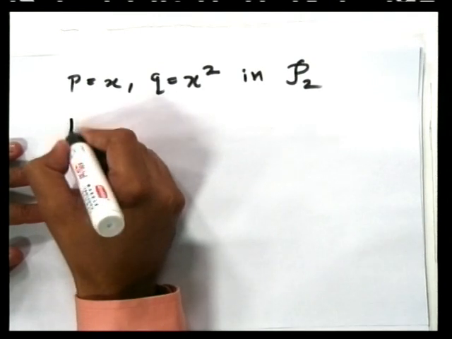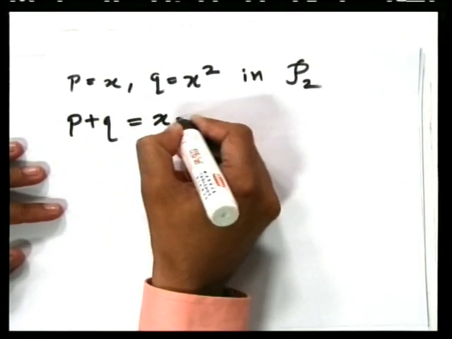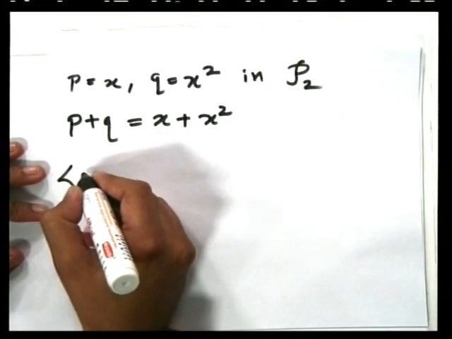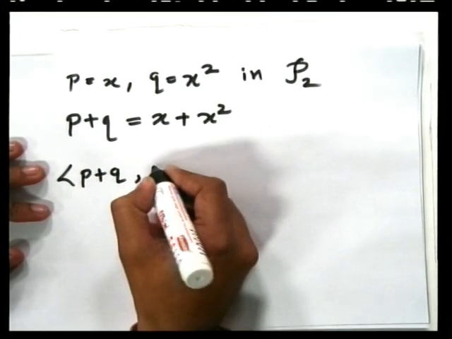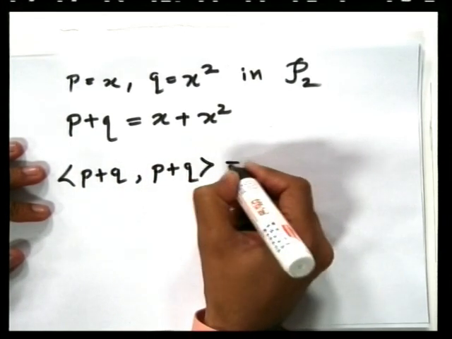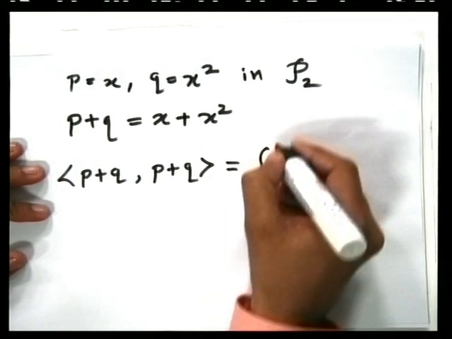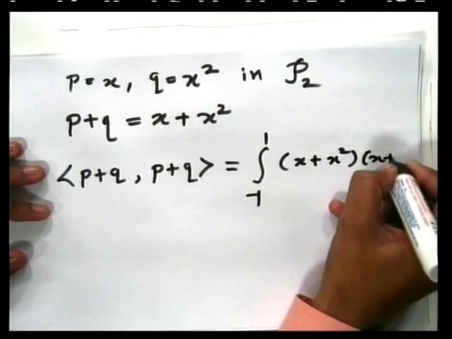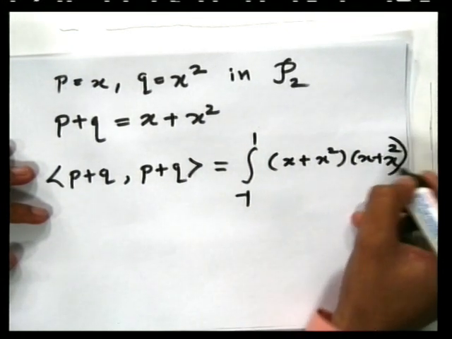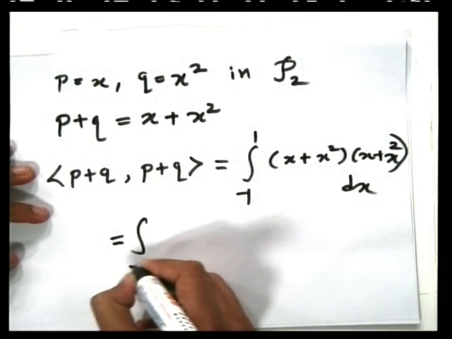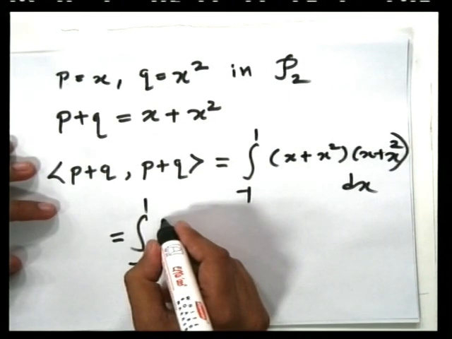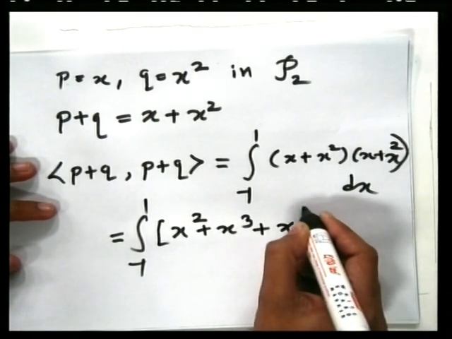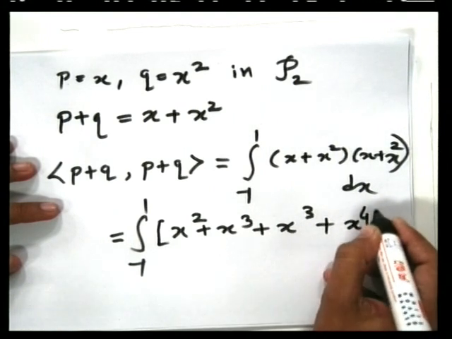So here p plus q will be x plus x square, and so the inner product of p plus q with itself will be equal to the integral from -1 to 1 of x plus x square into x plus x square dx. So that will be equal to the integral from -1 to 1 of x square plus x cube plus x cube plus x raised to 4 dx.